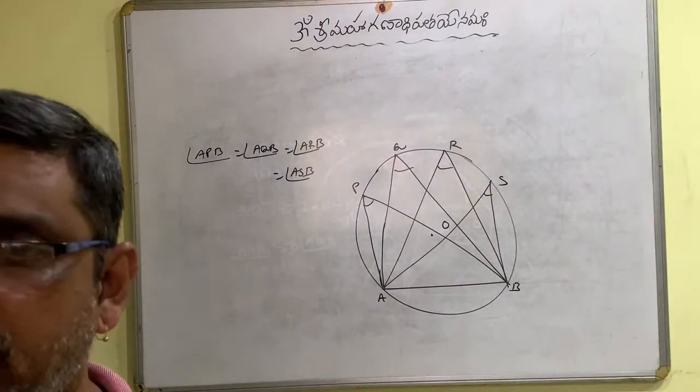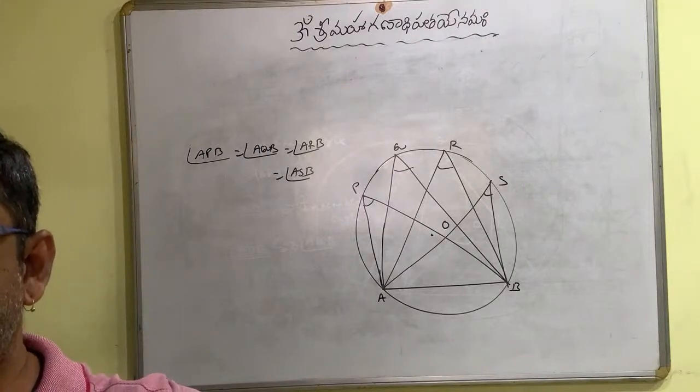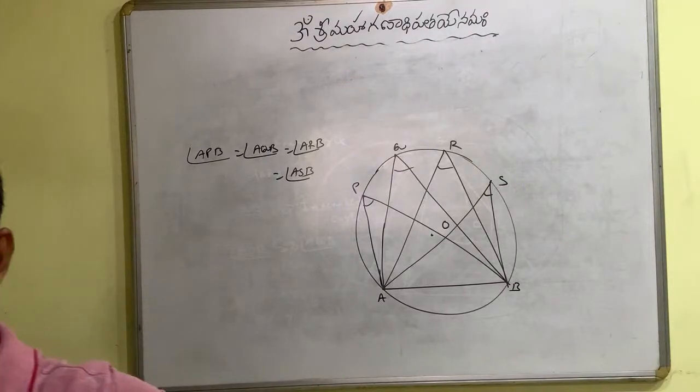Angle APB, angle AQB, angle ARB, angle ASB, all those angles are equal. Why? Because they are subtended by the same chord AB at different points on the remaining part of the circle, or in the major arc. Okay na?